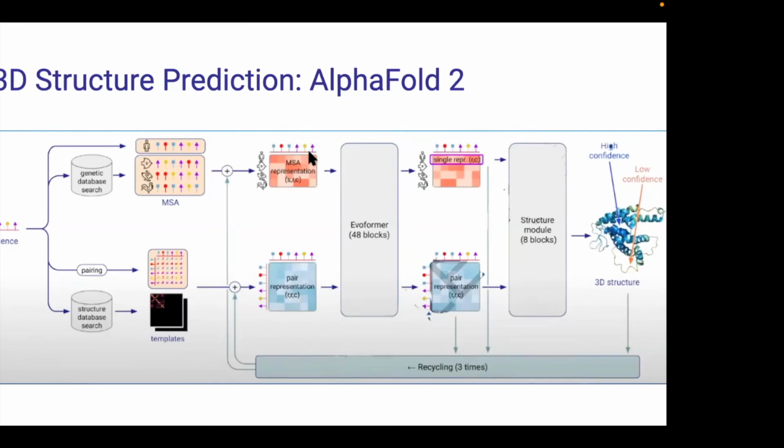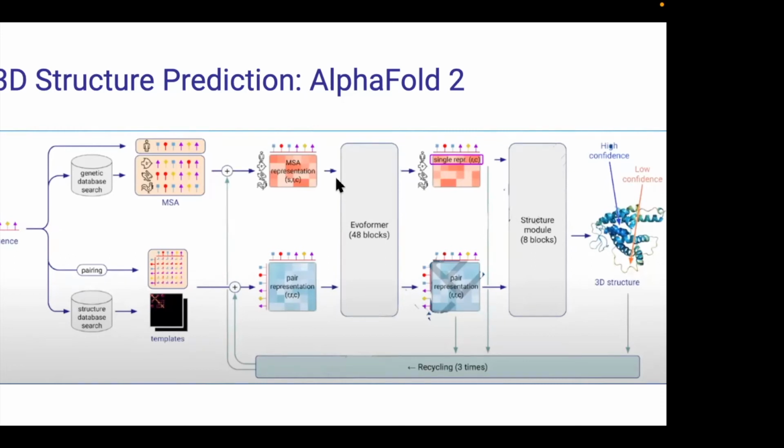And the MSA and pair representations are updated through each of those blocks and passed forward. Within each block, what also happens is that both of these representations exchange information. So if we have a good update in this one, it can affect the update in the MSA representation too.